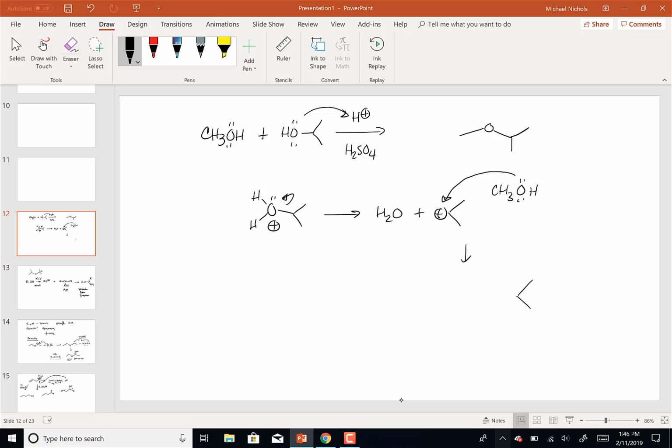So I'm going to end up with this. And then final step, let's lose the H plus to form the methyl isopropyl ether.